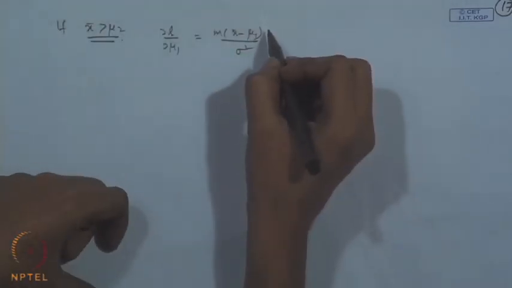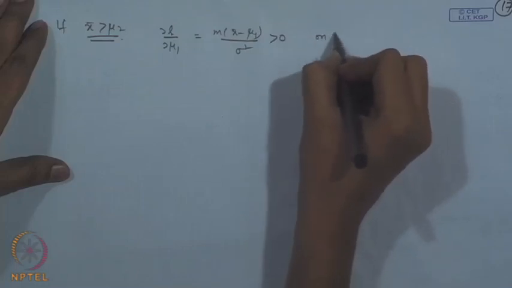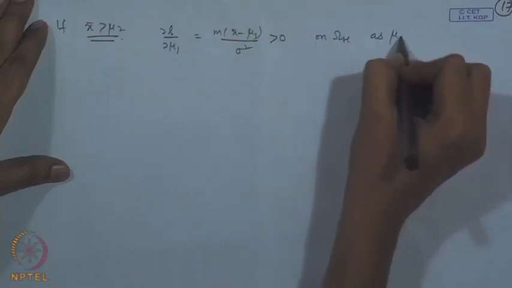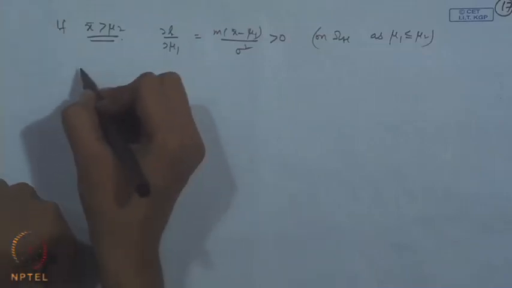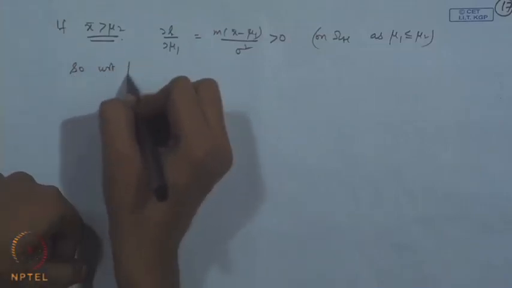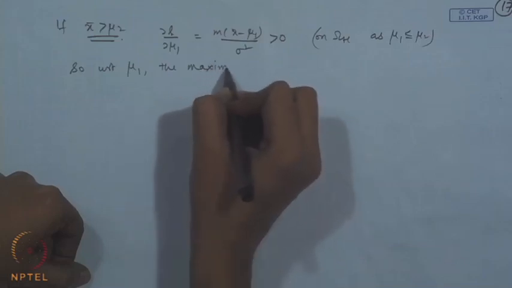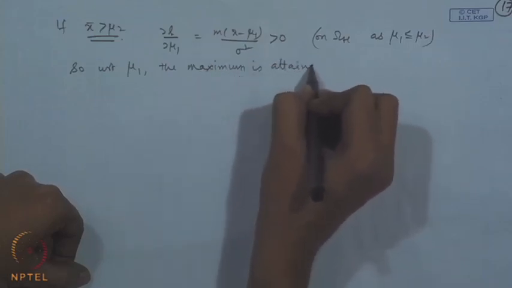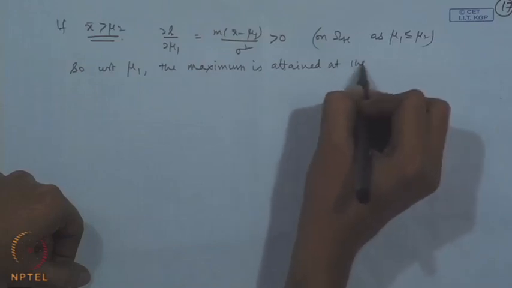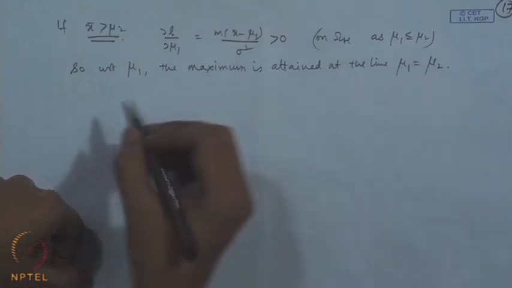So, this will become greater than 0 on omega h, because we have mu 1 less than or equal to mu 2. So, with respect to mu 1, the maximum is attained at the line mu 1 equal to mu 2.